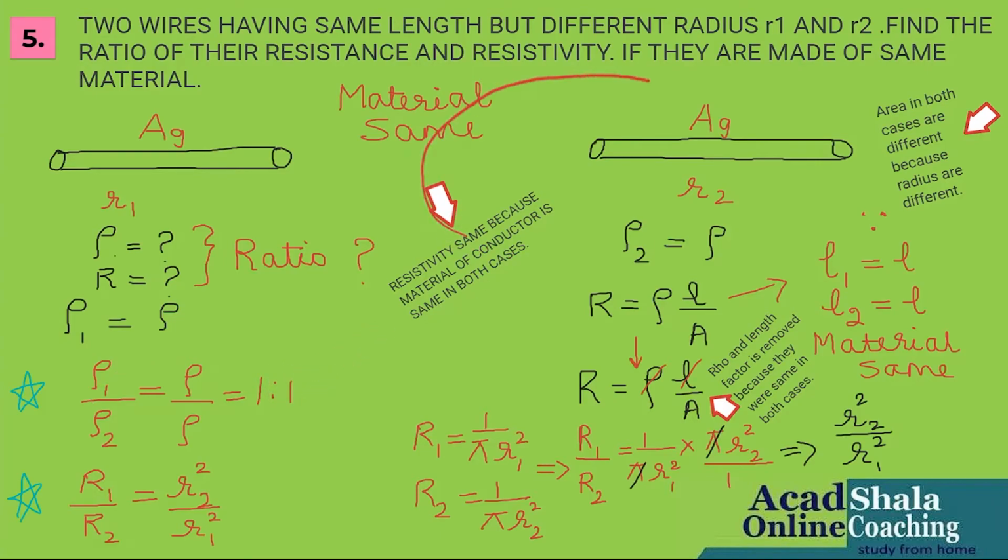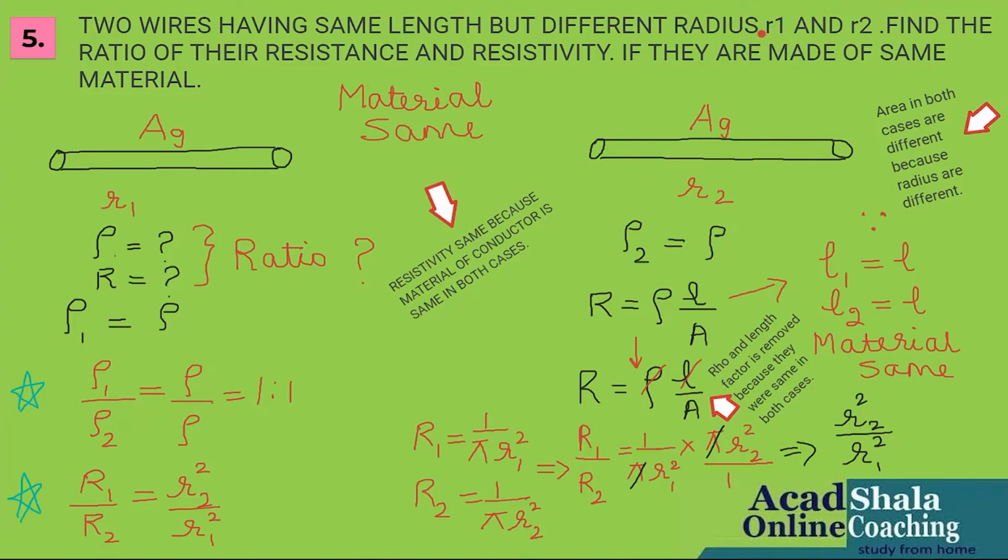Now let us come to the second case, that is about the resistance. Now in this case children, how have we come to know whether the area will be different or the same? Of course, it is very, very simple. The numerical is telling itself that it is having radius R1 and R2.